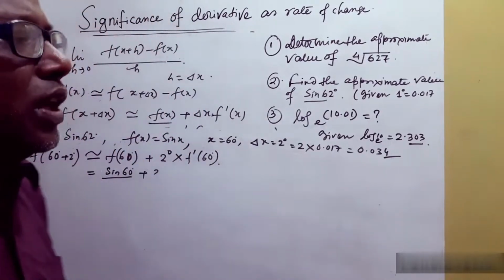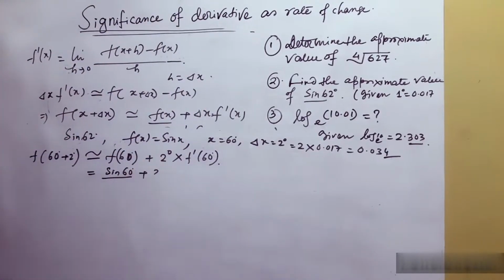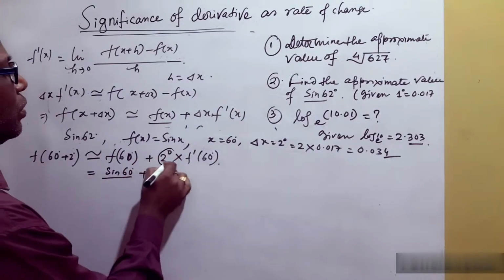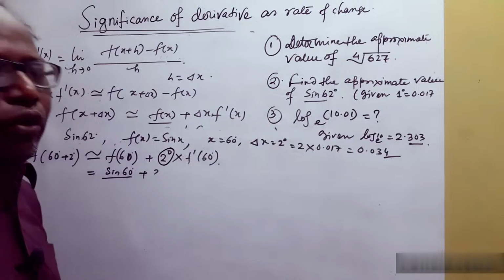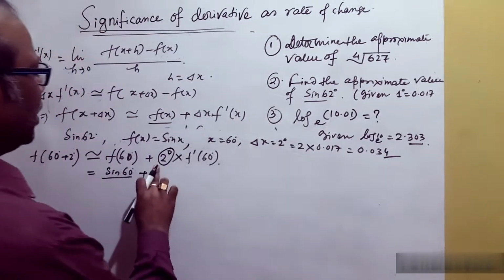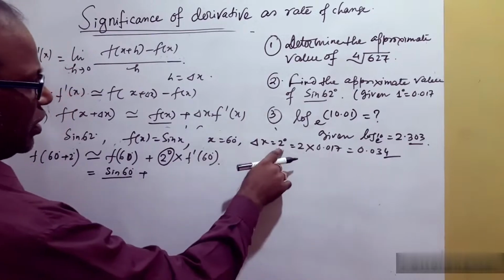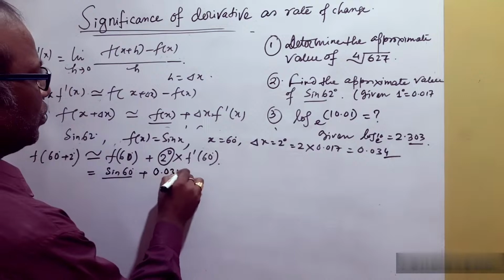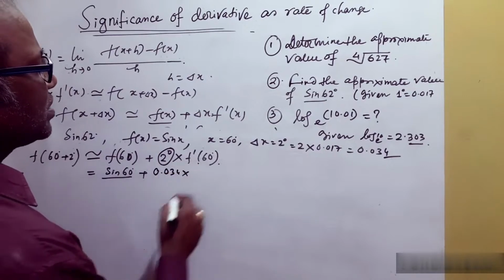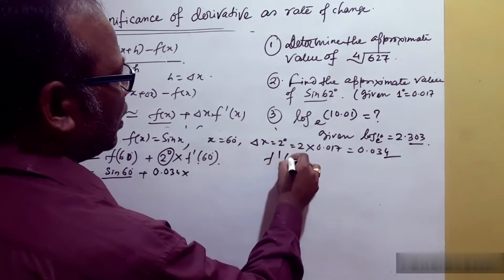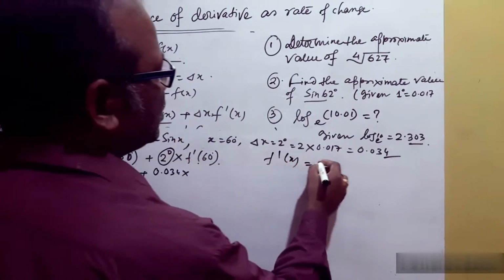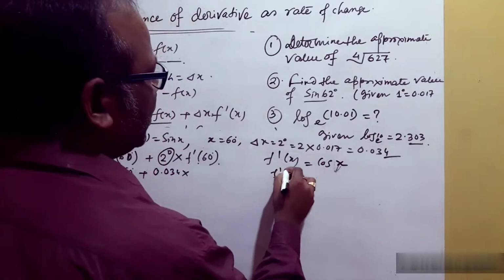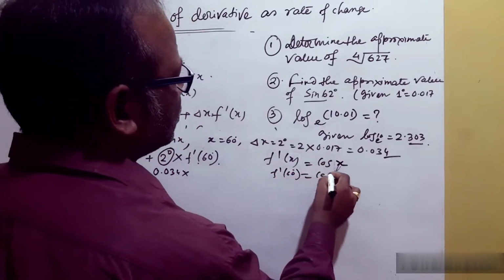But radian and degree cannot be added to each other, so to find the value we need the radian measure. So in place of 2 degrees we put 0.034, and also f dash. Since f of x is sin x, the derivative is cos x. So f dash 60 is cos 60.